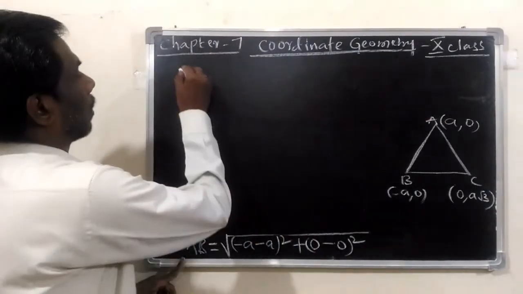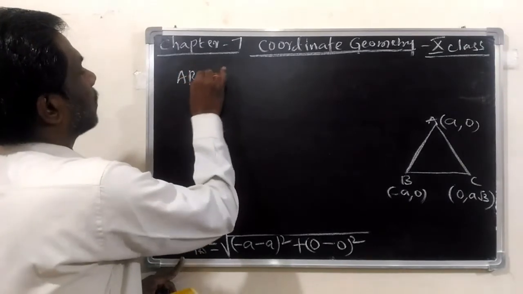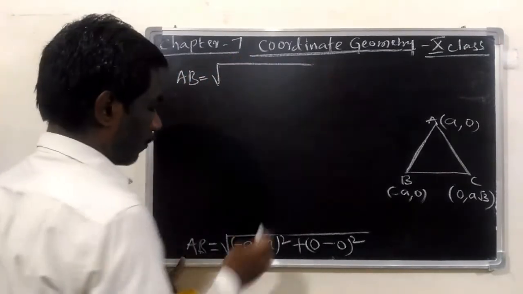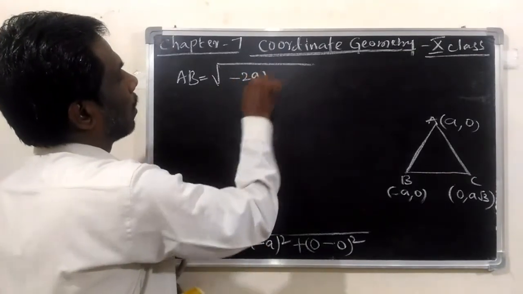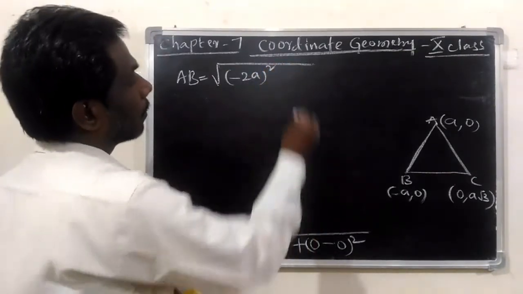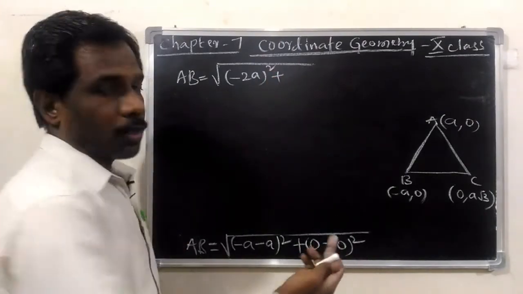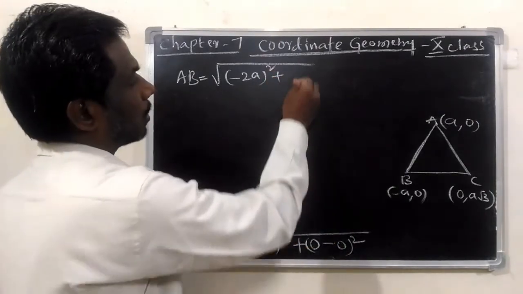Now AB equals under root of (minus 2a) whole square plus 0 minus 0, which is 0, and 0 square is 0.